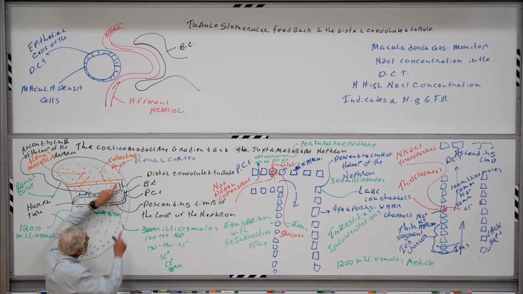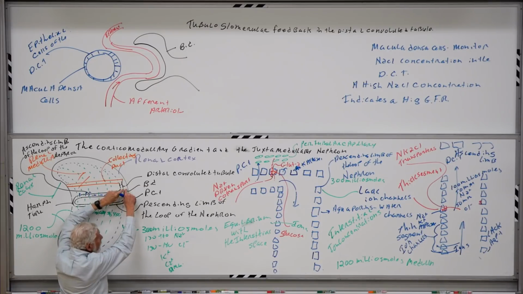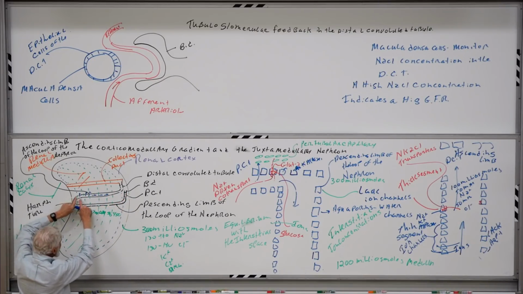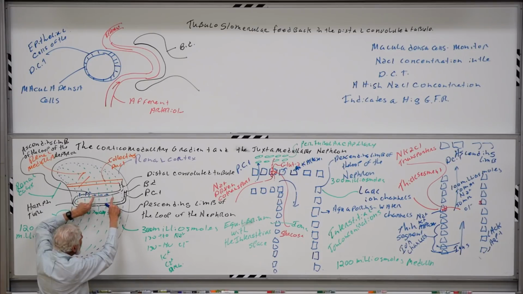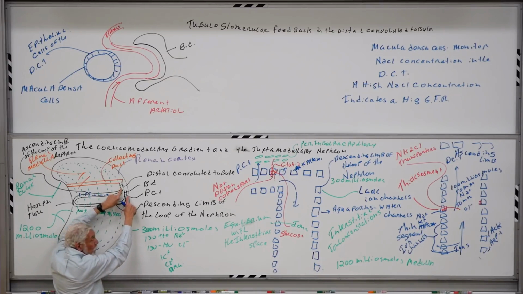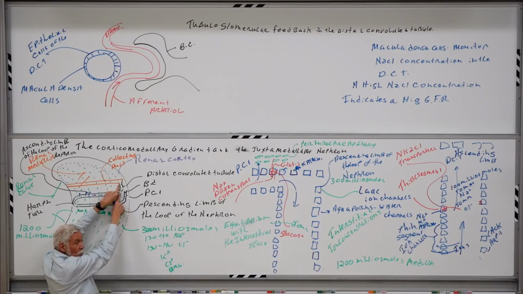If, on the other hand, the rate at which fluid is moving from the glomerular capillary into Bowman's capsule is too slow, then there's a long time for these epithelial cells to work on that fluid and remove most of the sodium. So by the time we get up here again, if the glomerular filtration rate is too slow, sodium chloride concentrations are too low, and so we better speed things up.